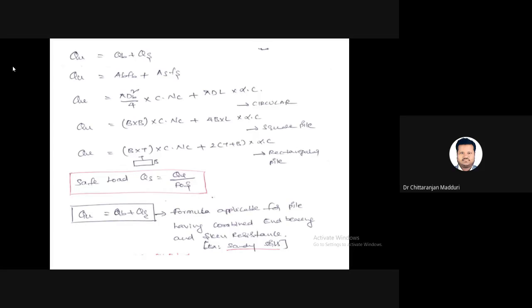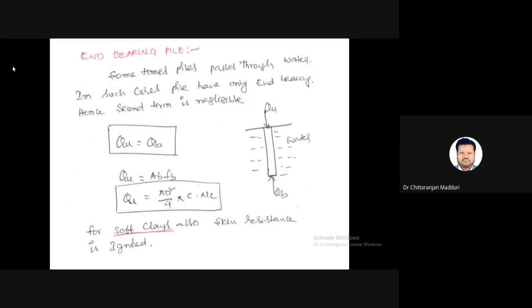In sandy soils, when load is applied on the pile, that load is shared by the bottom of the pile as well as skin friction. If you take end bearing piles, sometimes the piles pass through water. In such cases, the pile has only end bearing. There is no skin friction because water exists around the pile, so there is no adhesion factor and the second term is negligible.